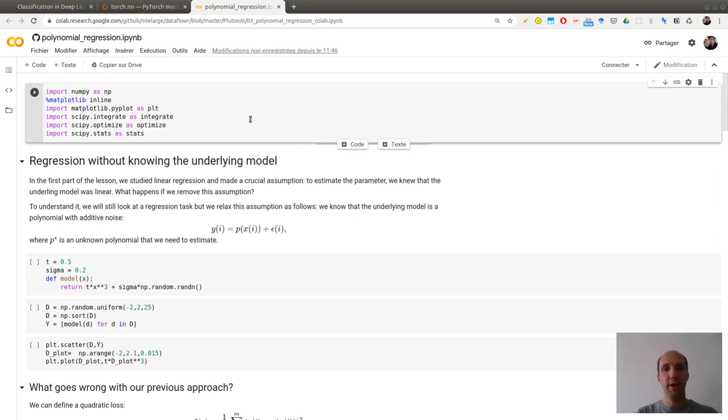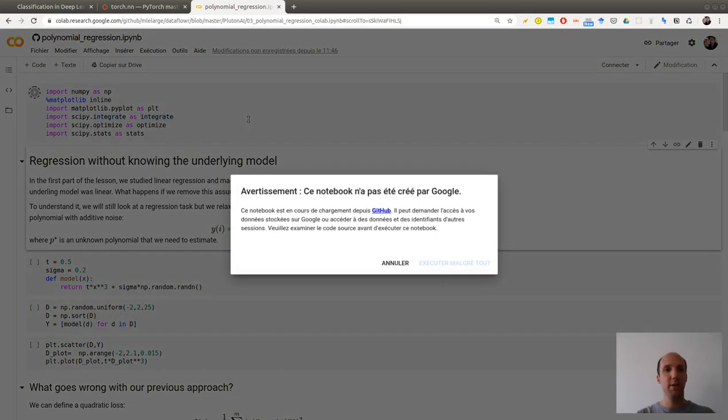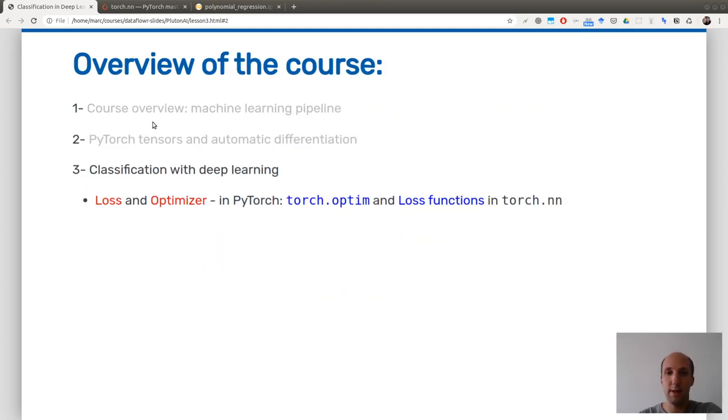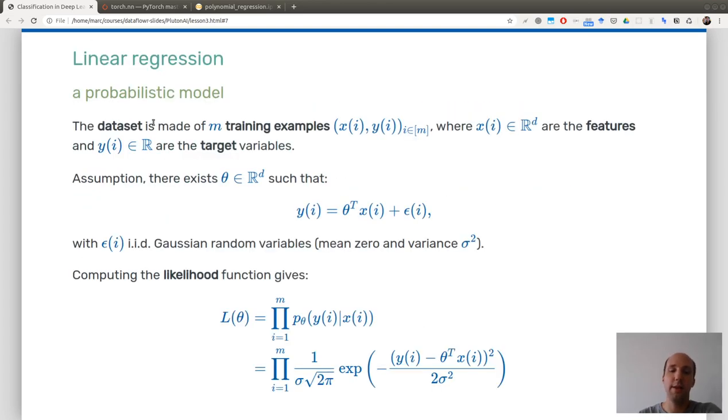Okay, so I did prepare a small Jupyter notebook that you can open to try to explain what is happening. In the presentation of the linear regression, I made a very strong assumption, namely I knew that my model was linear like this.